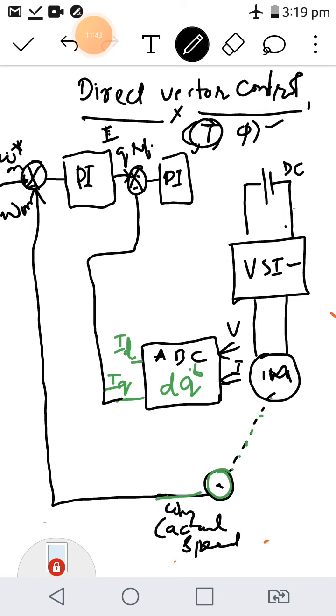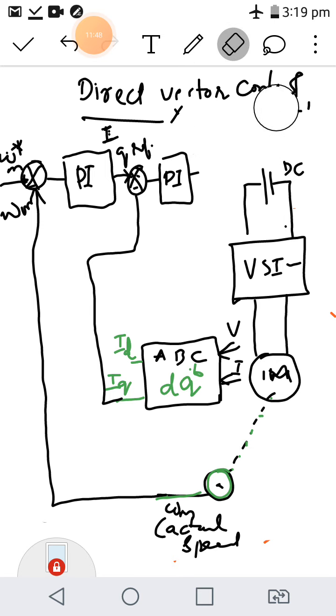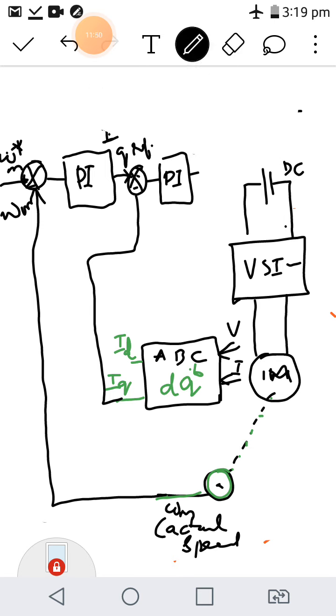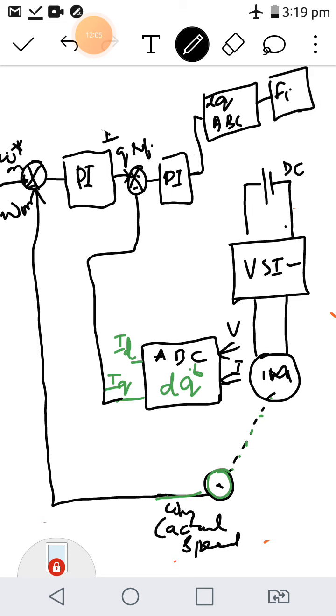Now the quantities are in the DQ reference frame, so you have to convert it back from DQ to ABC. This two phase must be converted finally into the original three phase system, and it will be given to a firing circuit for the inverter. The output of the firing circuit will be given to the inverter, VSI. So that is one control method.